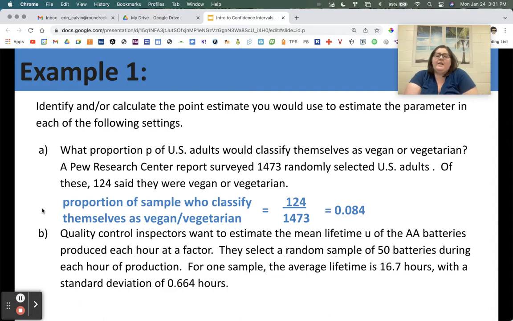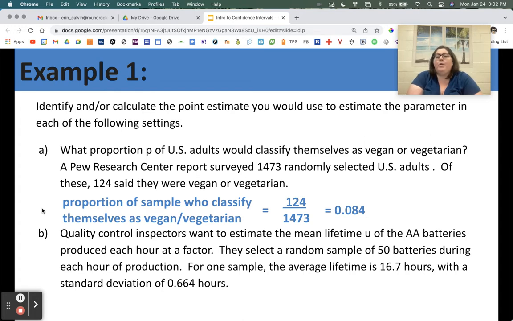Okay, part B: quality control inspectors want to estimate the mean lifetime mu of the AA batteries produced each hour at a factory. They select a random sample of 50 batteries during each hour of production. For one sample, the average lifetime was 16.7 hours with a standard deviation of 0.664 hours.